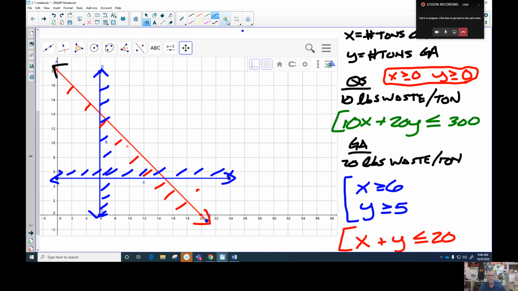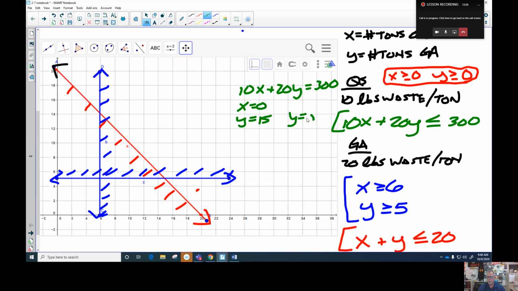Okay, so finally, we're going to get to our green one, going backwards. 10x plus 20y equals 300. So 10x plus 20y equals 300 is our boundary. I'm going to graph this one using intercepts, because if x equals 0, y is going to equal 15, right? Because 20 times 15 is 300.